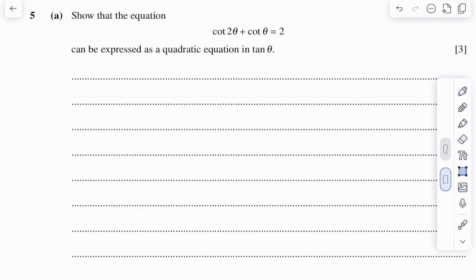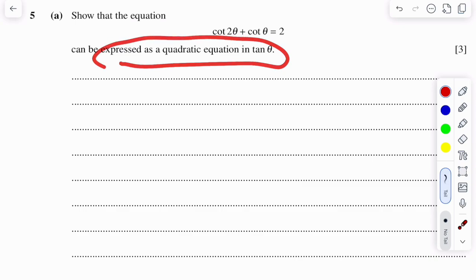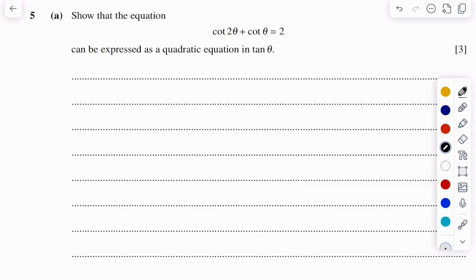Alright guys, now for number 5, we've got the following question. It says, show that the equation cot 2 theta plus cot theta is equal to 2 can be expressed as a quadratic equation in tan theta. It wants us to show that, right?